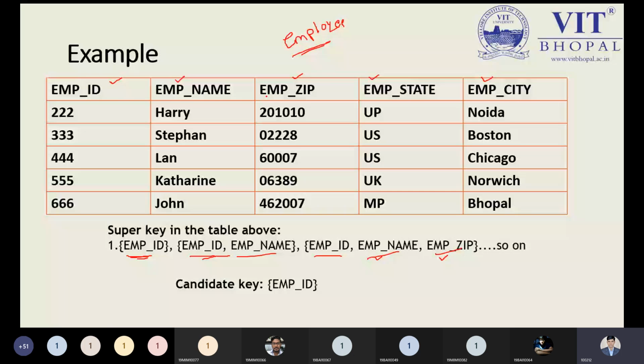Suppose an employee does not have an employee ID right now, and it is not a mandatory field, and he is just putting in the official email ID. At that time there may be some chance that two or three employees have the same employee ID officially, because they don't have one while joining the organization. So there may be duplicacy. But if the employees have one, in that case they can be represented as a candidate key.